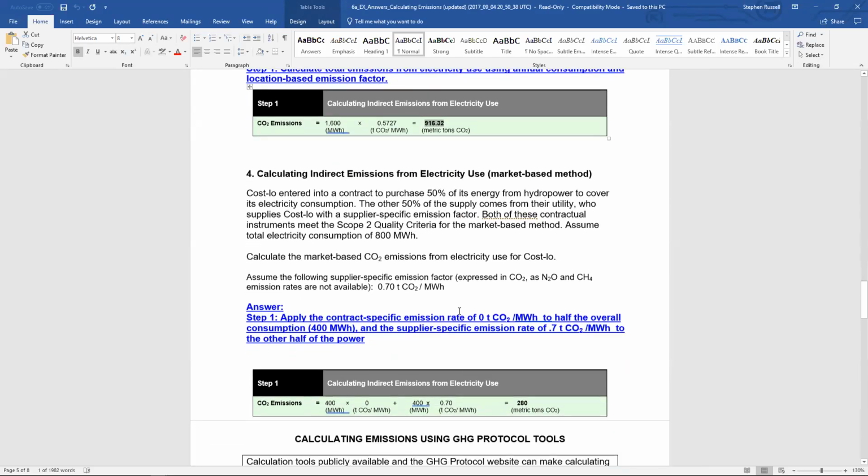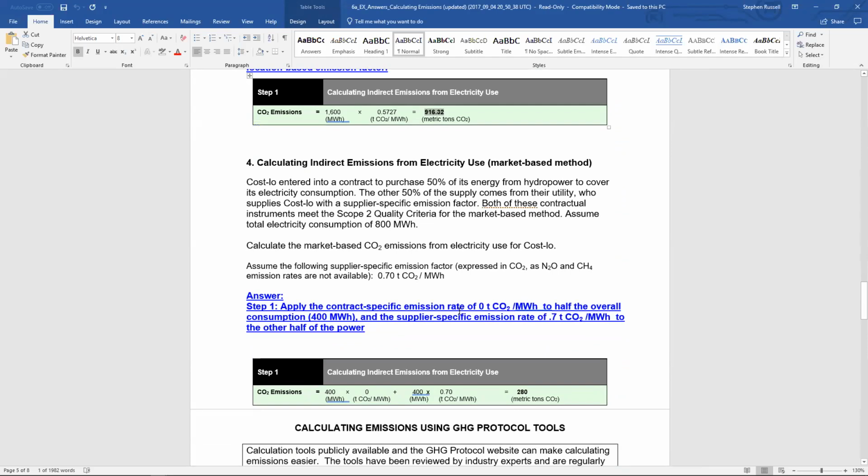For question 4, it's slightly more involving. We have to calculate the emissions under the market-based method. Total consumption was 800 megawatt hours, and 50% of that consumption is matched by energy from hydropower.